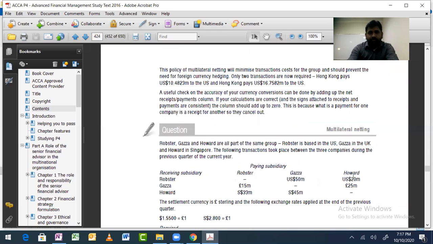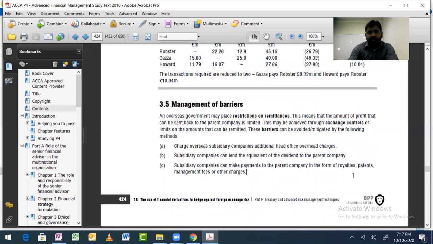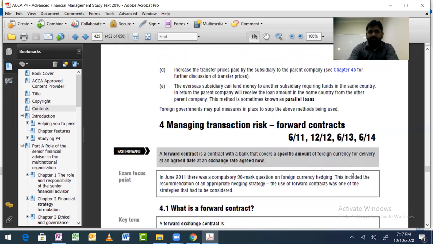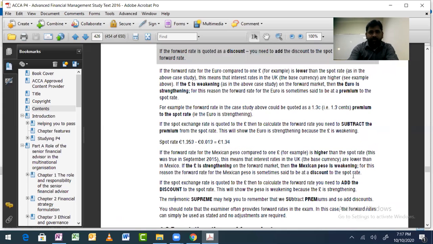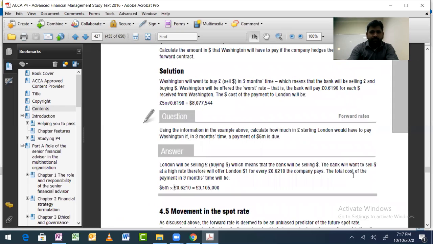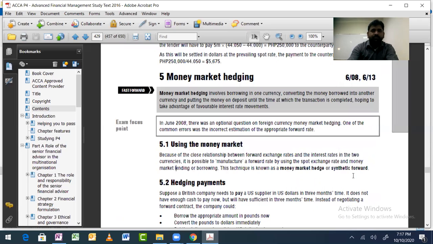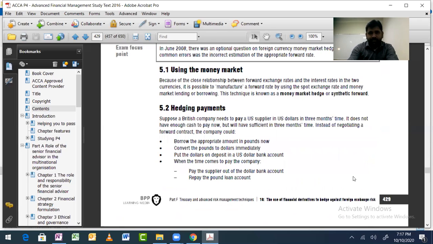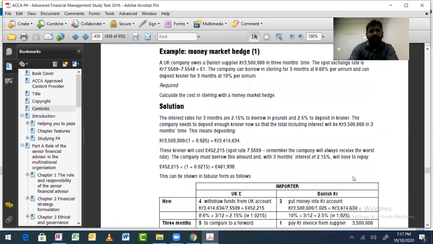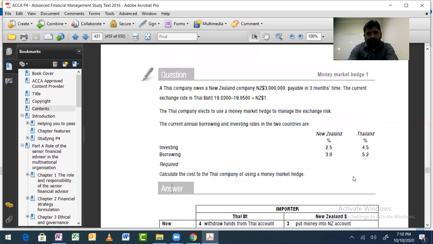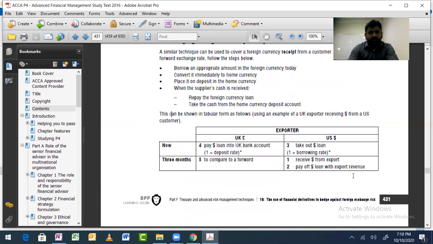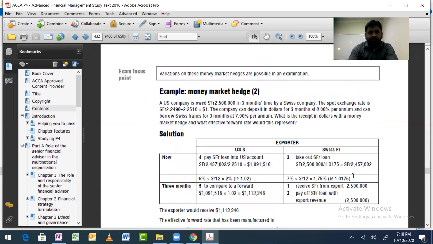I just want to move towards a question where we'll be doing the forward contract. I'll do that later. Okay, money market hedging. I want a question on money market hedging which we can solve, and I don't want to solve this kind of easy stuff. So one second, let me find some.